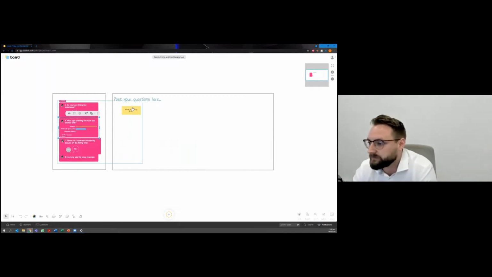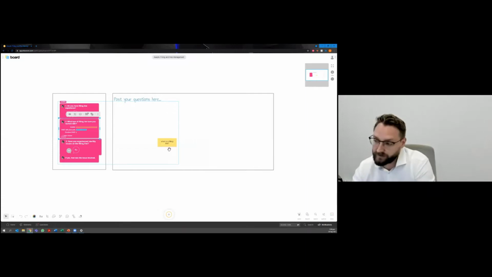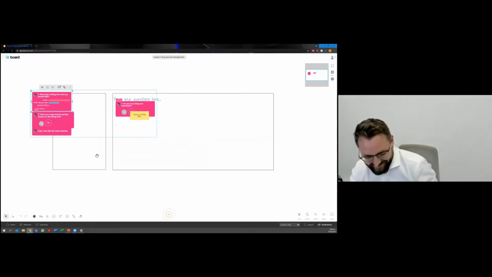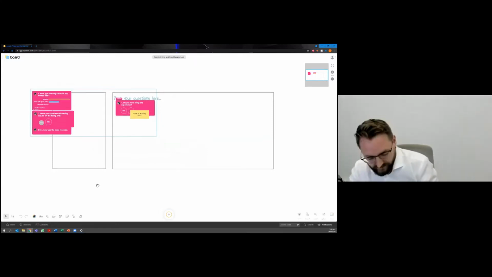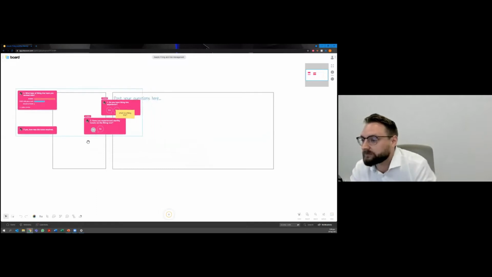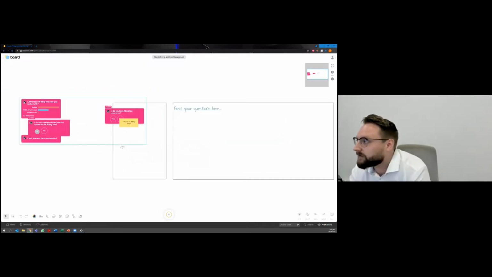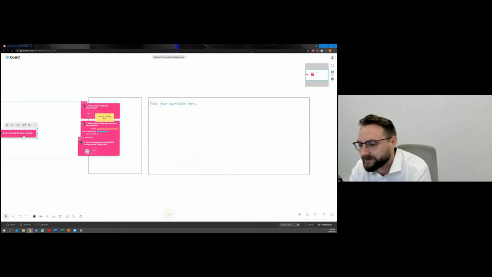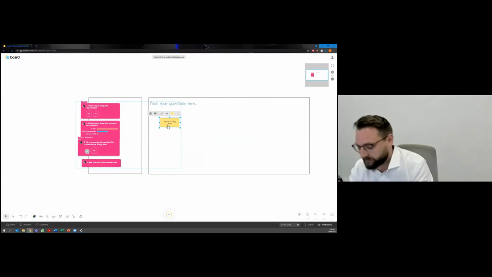I'll keep an eye on this as notes pop up, and you can move stuff around too. I think we probably should have locked it, but that's fine. We'll see what we can do here. Everybody has access to move stuff around, so maybe we'll try to be a little careful on that one. Delete that.